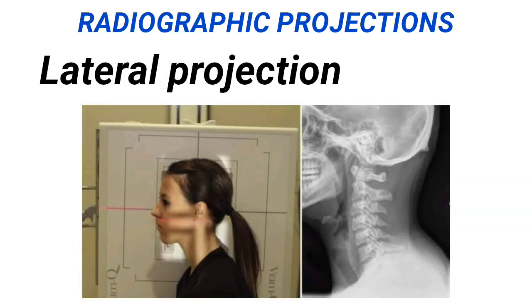Lateral projections are also widely utilized. In a lateral projection, the X-ray beam passes through the patient from one side to the other. This projection is particularly useful for examining structures that lie close to each other in an AP or PA view, such as the vertebral column or the retrosternal space in the chest.